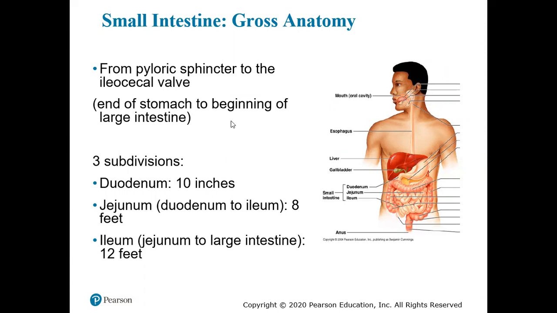There are 3 divisions, the first being the smooth muscular tube section, that is the duodenum. Then we have about 8 feet of jejunum, ending in 12 feet of ileum. And that ileum joins to the large intestine at the ileocecal valve. So you do need to know the beginning valve, the ending valve, and the order of the 3 sections.